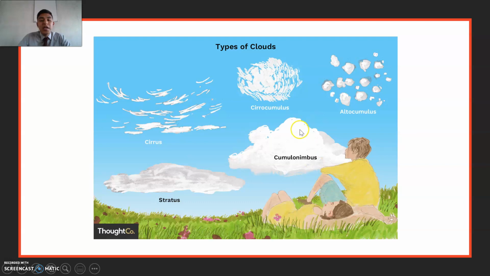You can use some cream in order to represent the cumulonimbus clouds. And for the stratus cloud, I don't know, if you might have some jelly around, you can probably cut a little piece of jelly and shape it as a stratus cloud, and so on and so forth. Be creative, guys. Use what you have in your kitchen to make the model. And of course, remember to take the picture.